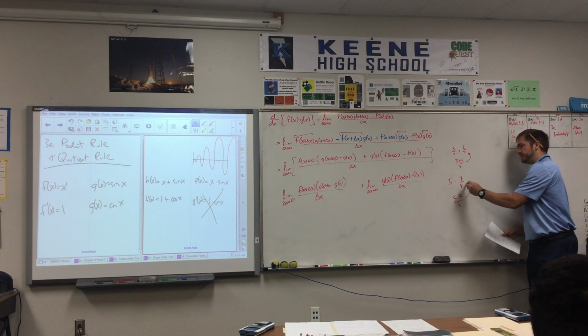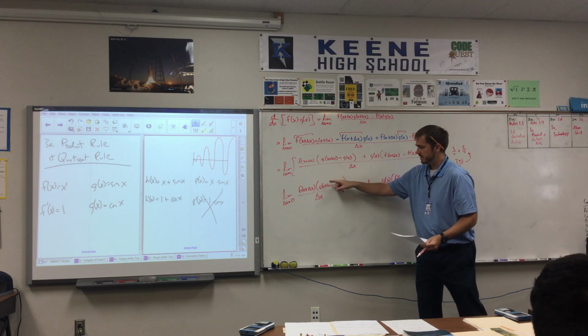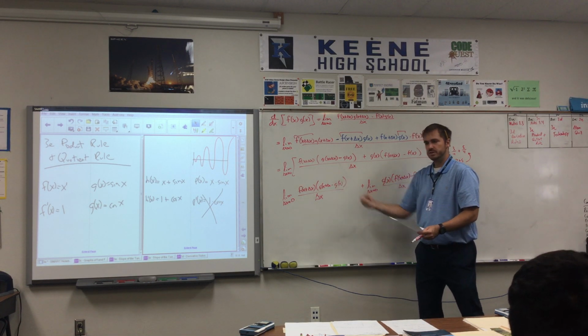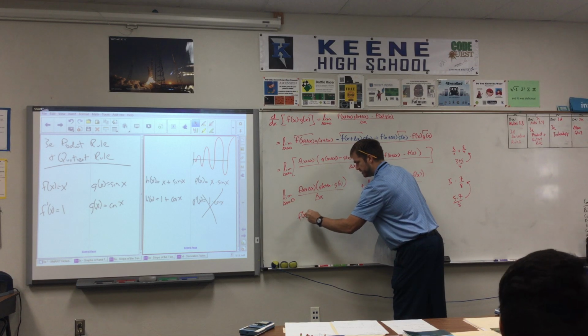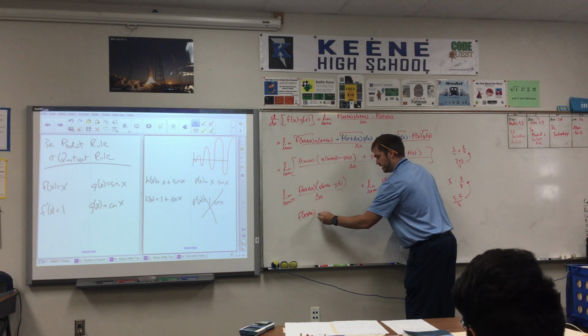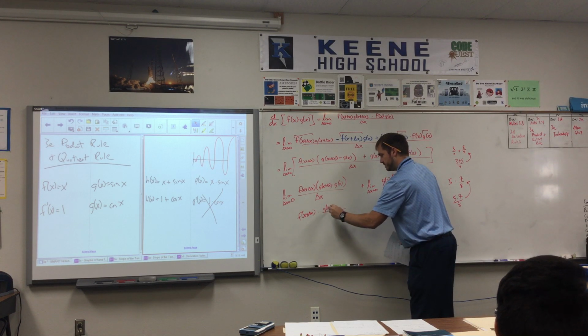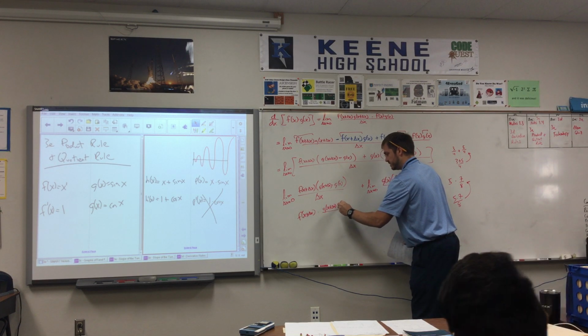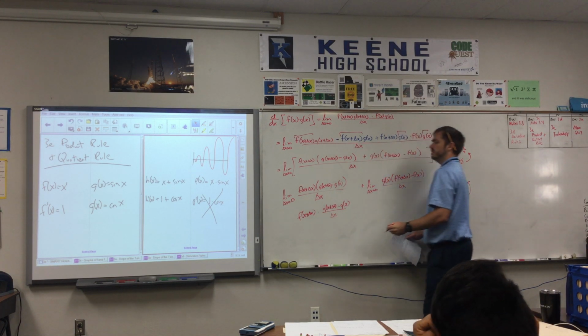Okay, we're going to go the opposite direction now. We have this times this over this. So now we're just going to split it up. So we're going to write it as f of x plus delta x times g of x plus delta x minus g of x all over delta x.